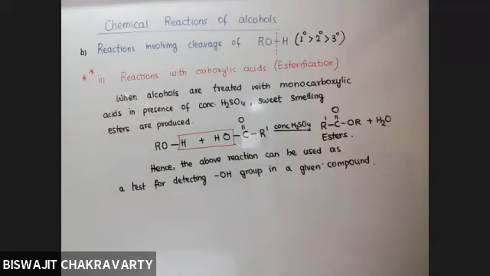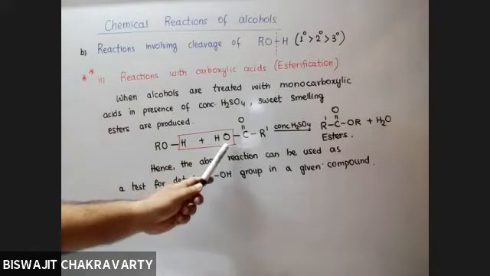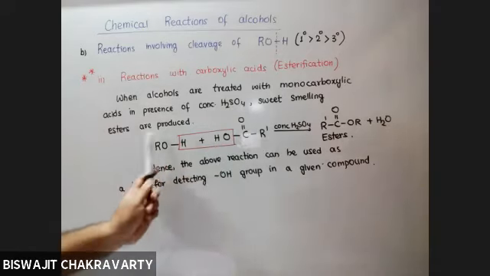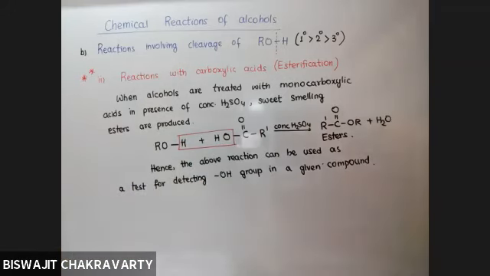And because esters have been produced and you have added acetic acid, obviously this must be an alcohol. So if someone asks you what is the test to detect the presence of OH group in a given organic compound, one of the answers is esterification.